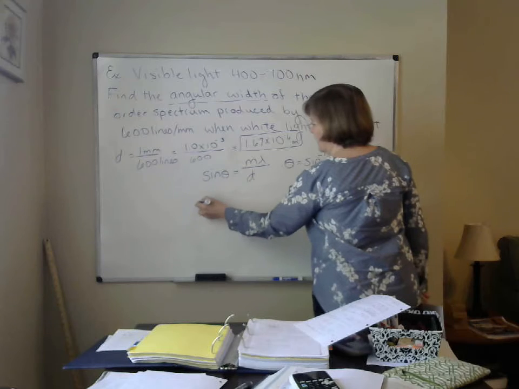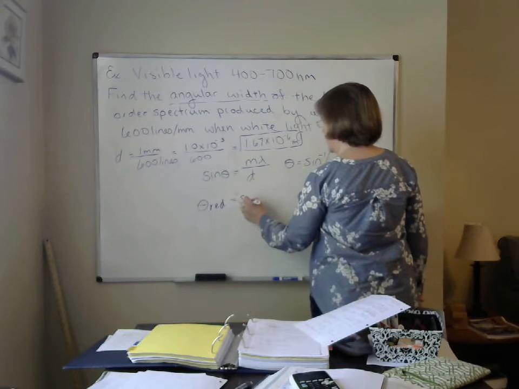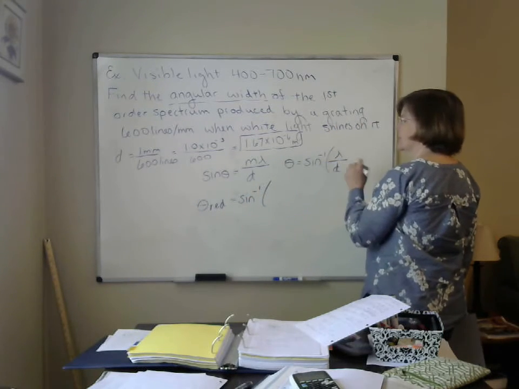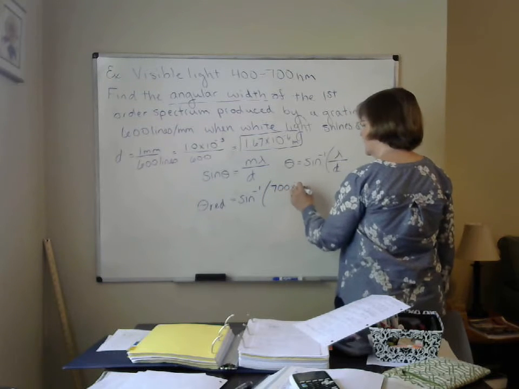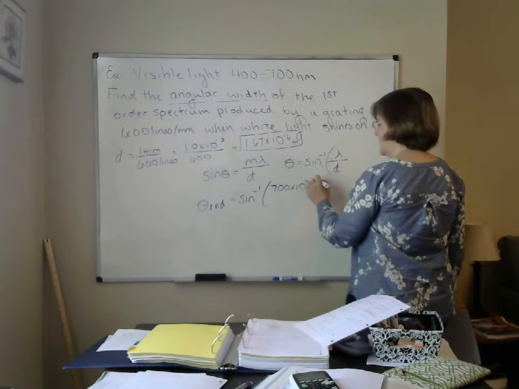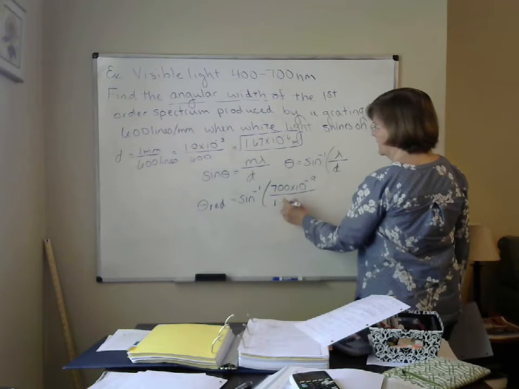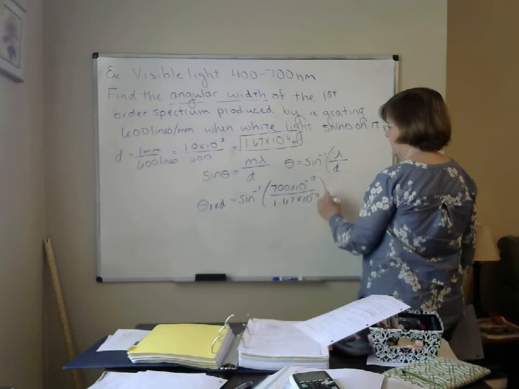So for red light, it's going to be the sine inverse. The wavelength of the red light is the longest wavelength, 700 nanometers, times 10 to the negative 9. d is 1.67 times 10 to the negative 6.